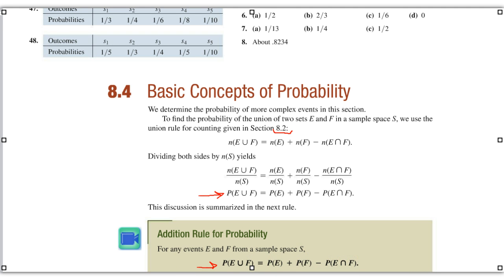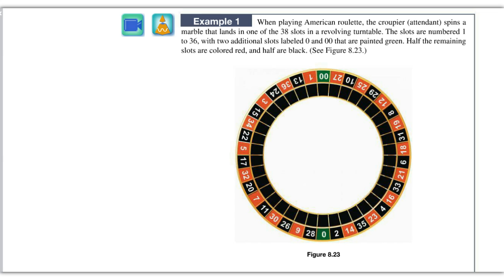Let's go on and see an example. In example 1 here, they're going to introduce us to what is called a roulette wheel. The person drops the marble in, the wheel goes one way and he throws the marble the opposite direction, then the wheel will stop and we'll get into one of these slots. And what's coming up?